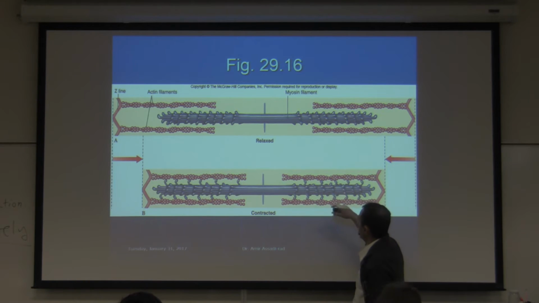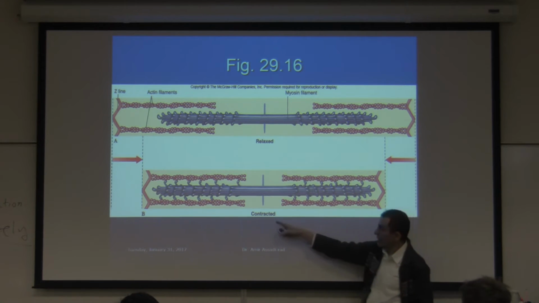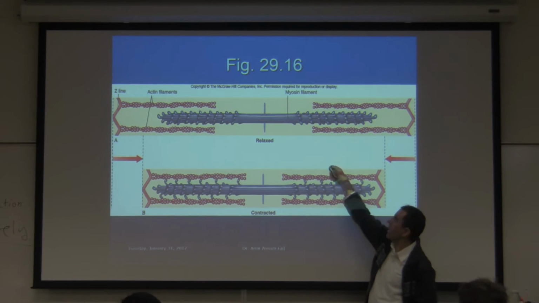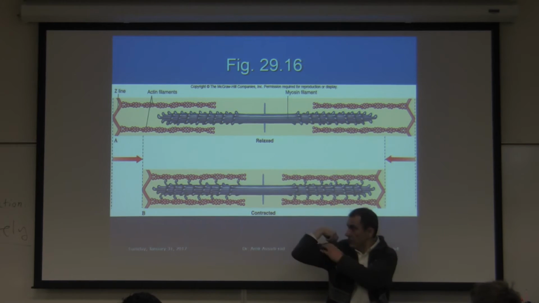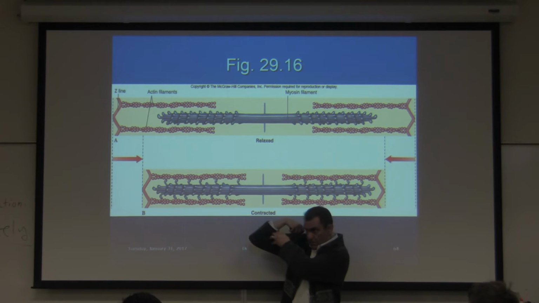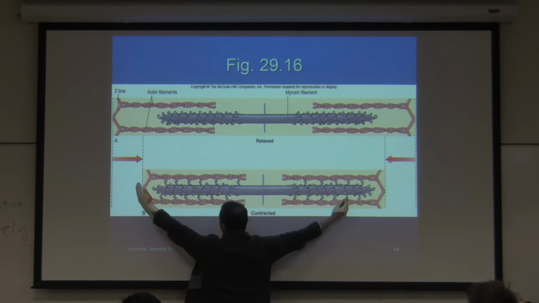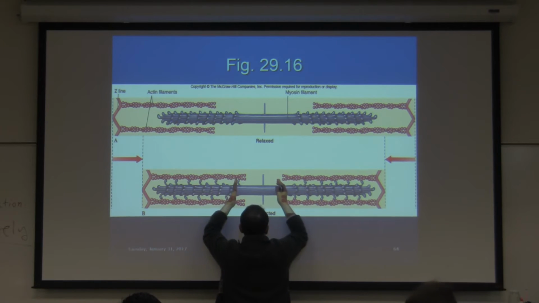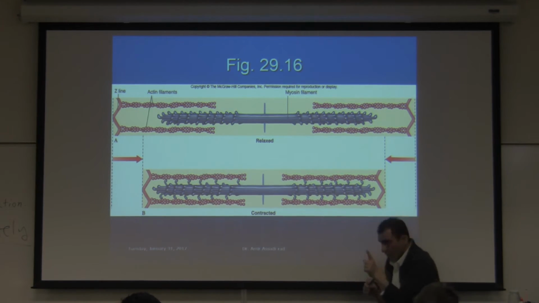Another thing. Are the actins closer to each other on the contracted muscle or on the relaxed muscle? On the contracted muscle, they're closer to each other. I'm contracting my muscle. So from Z line to Z line is shorter or longer on the contracted muscle? Shorter. Z line to Z line is shorter.